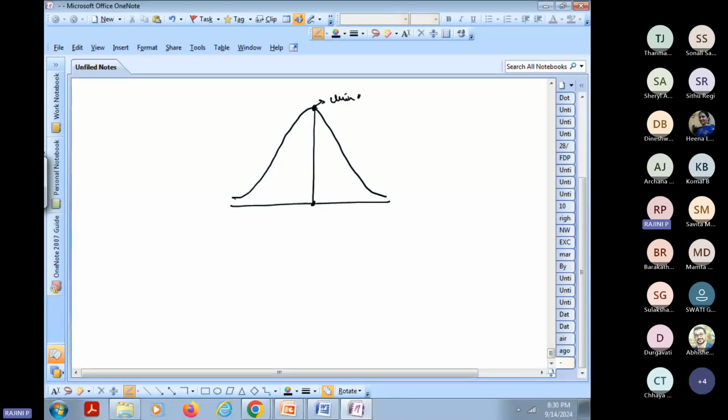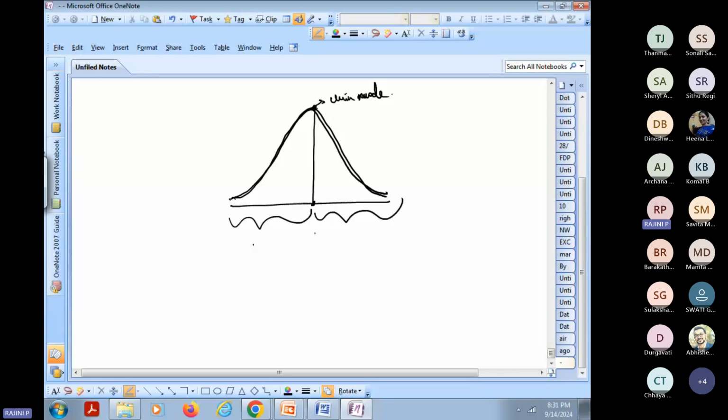And it is symmetric. The area on the left side is the same as the area on the right side. This is the second condition. And you should have a bell-shaped curve. Then we say that the data follows a normal distribution.